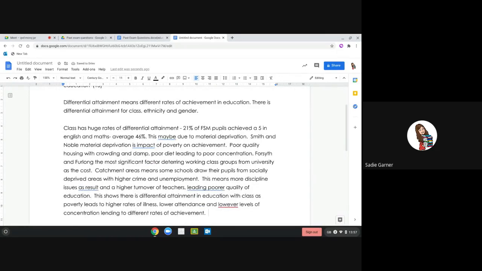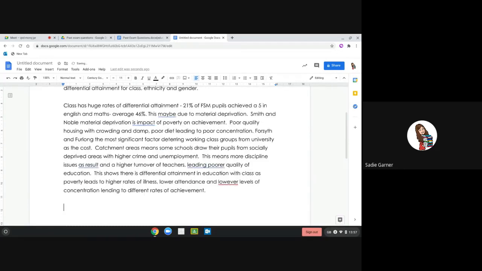Differential attainment means that poverty leads to high rates of illness, so lower attendance, lower levels of concentration in class, causing much lower rates of achievement for working class groups.